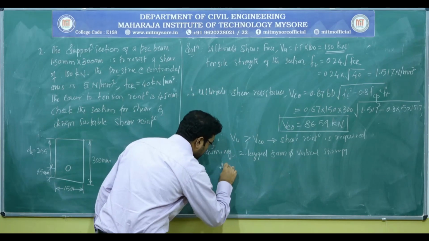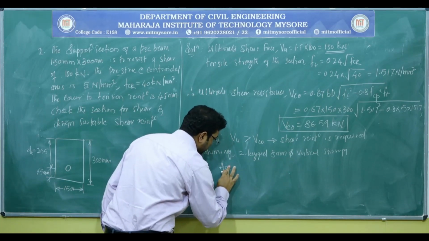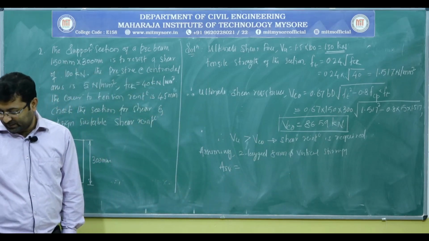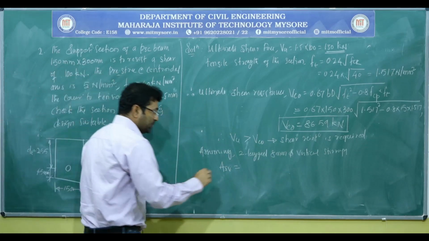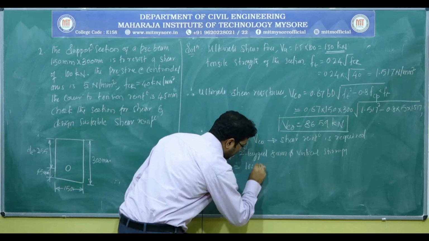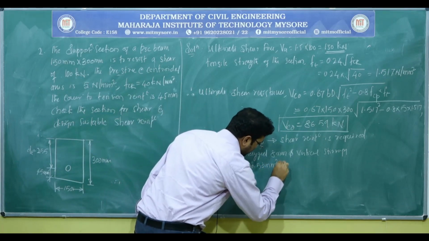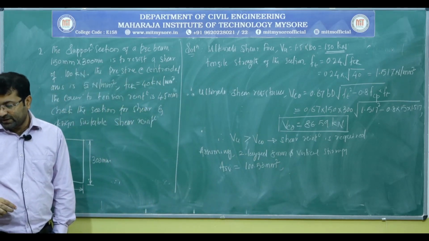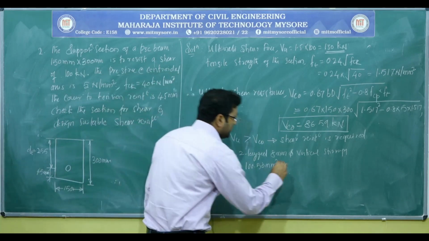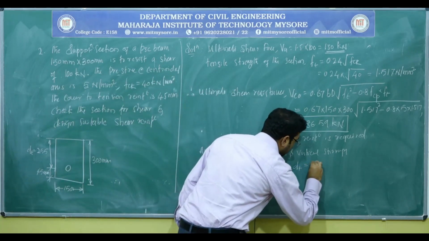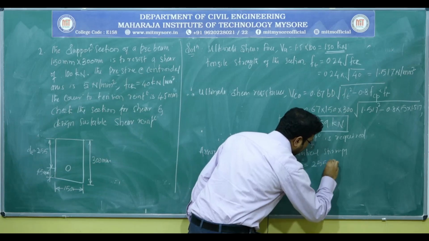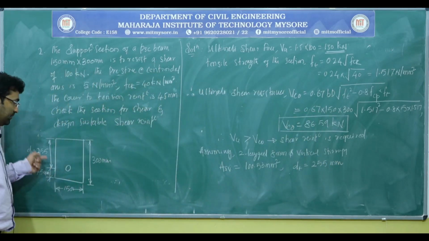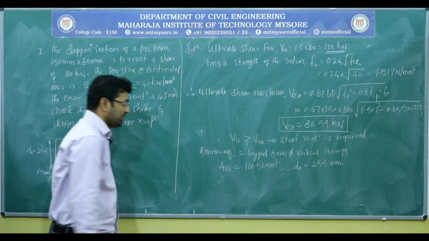What will be the Asv? Asv, that is the area of each vertical stirrup, will be again 100.53 millimeter square as we have calculated in the previous problem. Then the effective depth dt is 255 millimeter, as the cover is 45 millimeter.